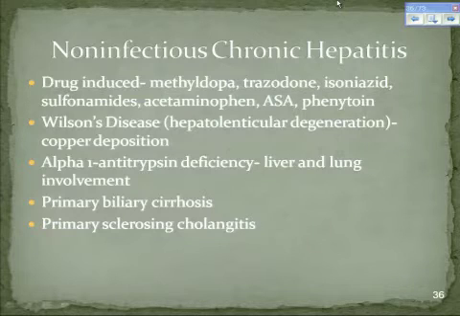Primary biliary cirrhosis means that there's something happening to the biliary tract, where it begins to become sclerosing, which eventually becomes sclerosing cholangitis. But primary biliary cirrhosis means that the actual biliary tubes begin to disappear. Okay? It's a devastating complication.